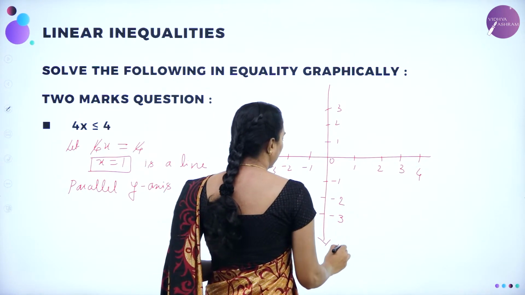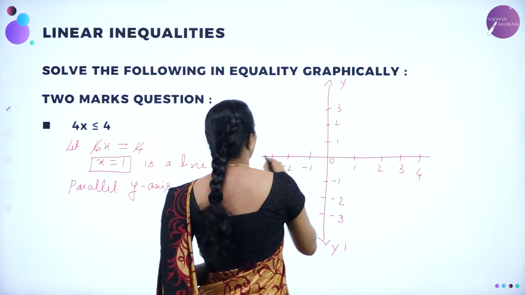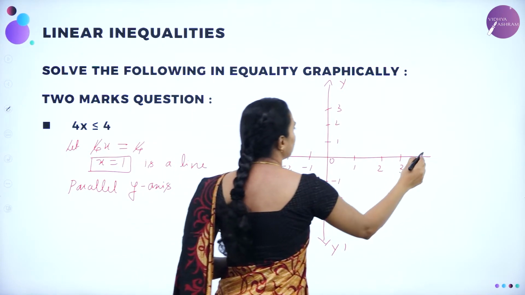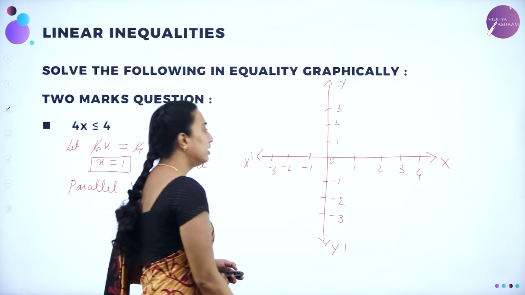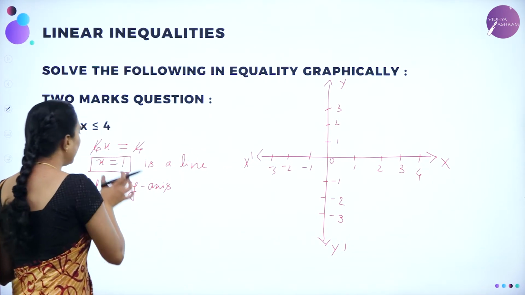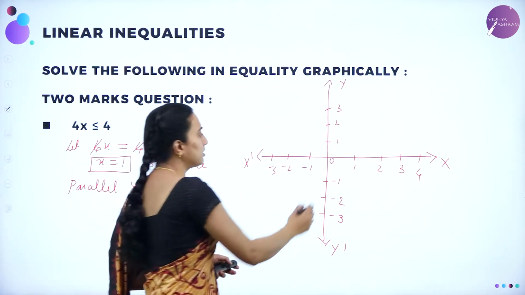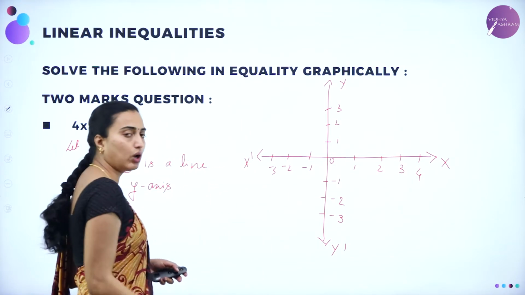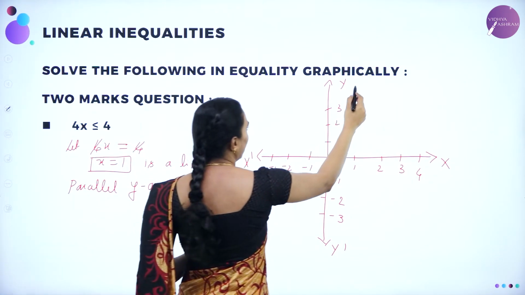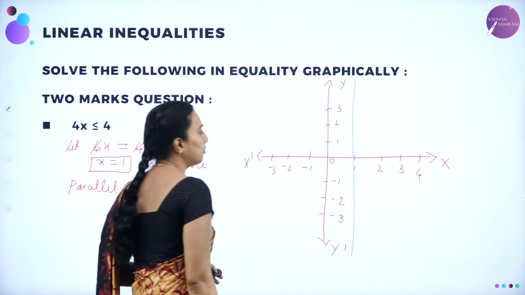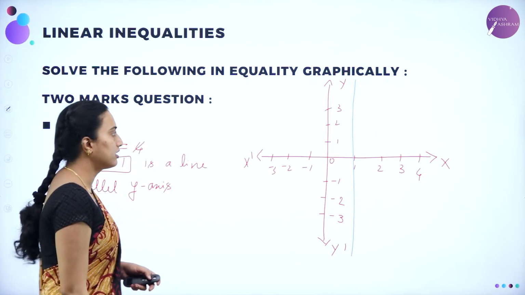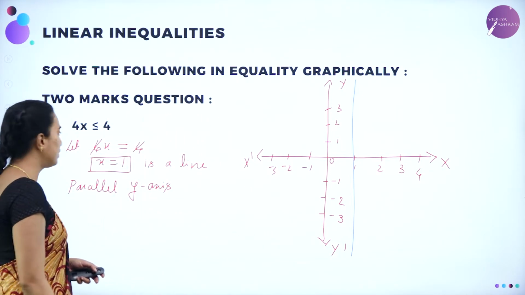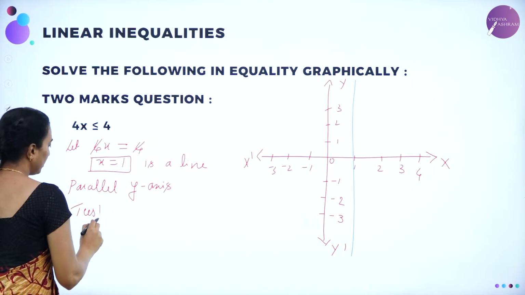Now this is y', y, o and then this is x', x. Correct. Now here we got x equal to 1, which is a line. So I can draw the line accordingly. This is the line you are going to have, x is equal to 1, which is parallel to the y-axis. Now you need to test for the origin.